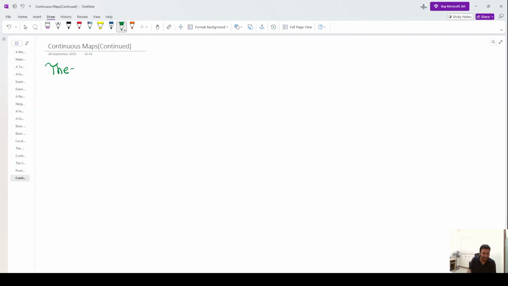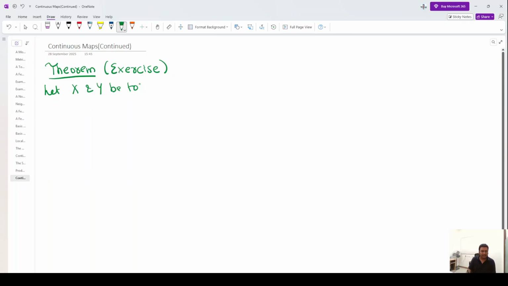Theorem. It's an exercise for you guys; maybe I will prove some parts. Let X and Y be topological spaces and f from X to Y a map.